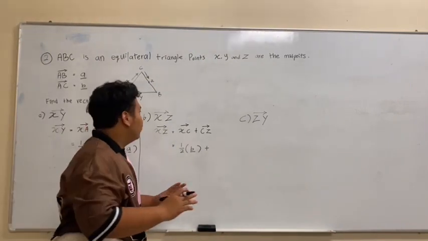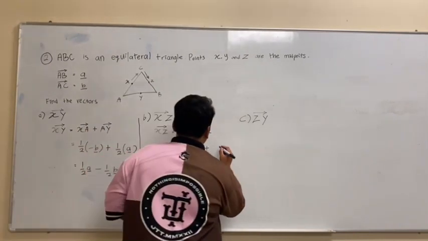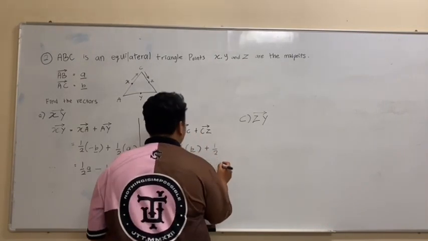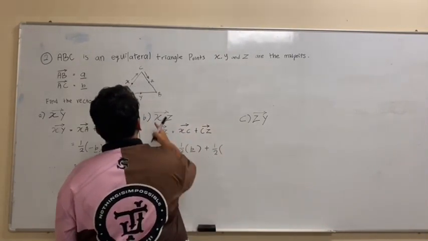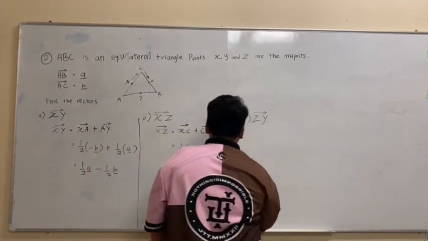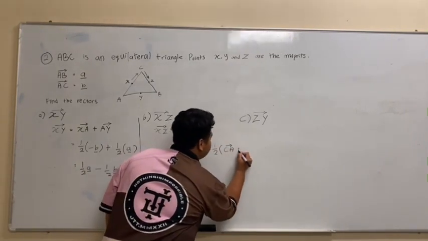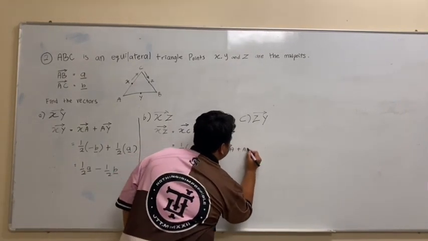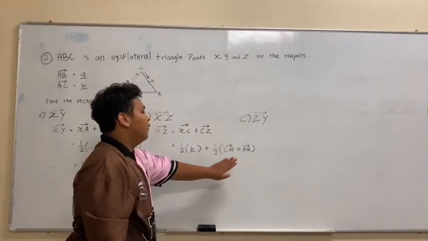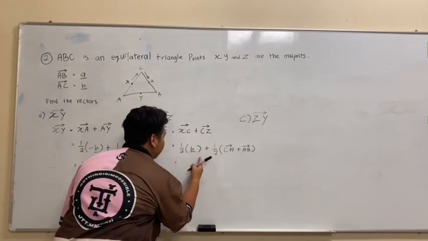So the equation must be like this: 1/2 multiplied by vector CA plus vector AB. Now let's include the magnitudes of CA and AB in this equation.